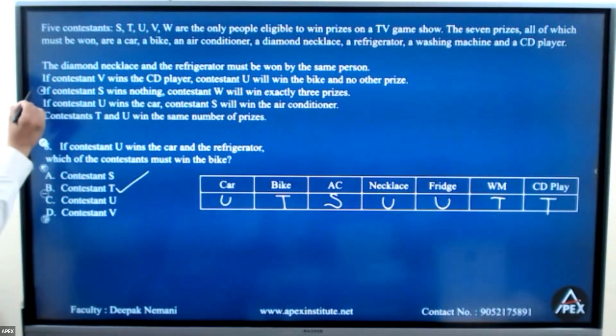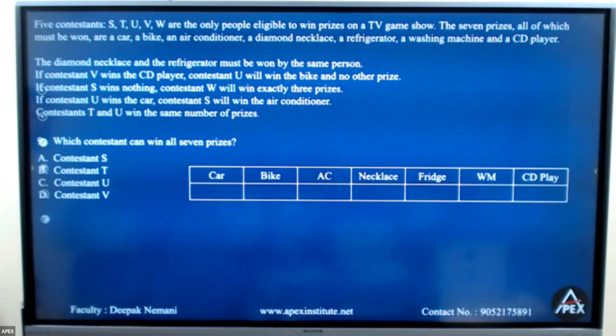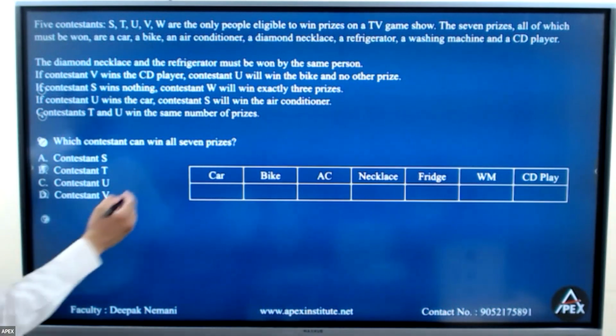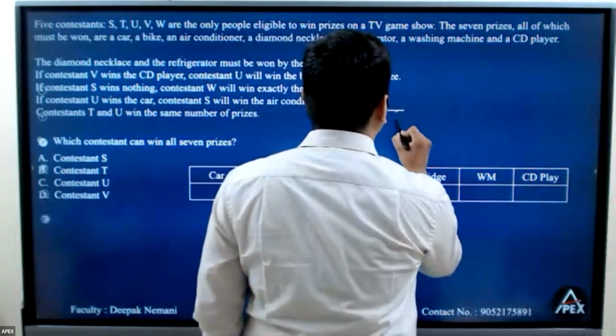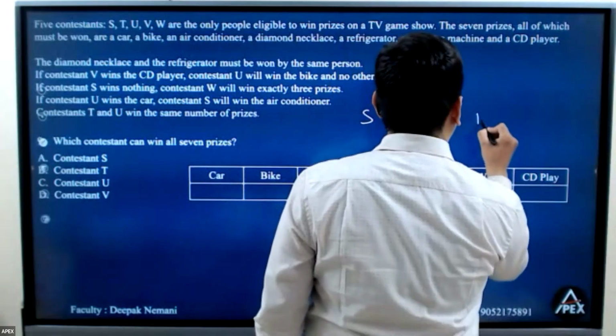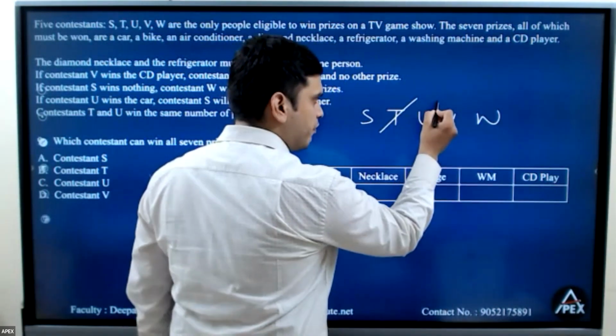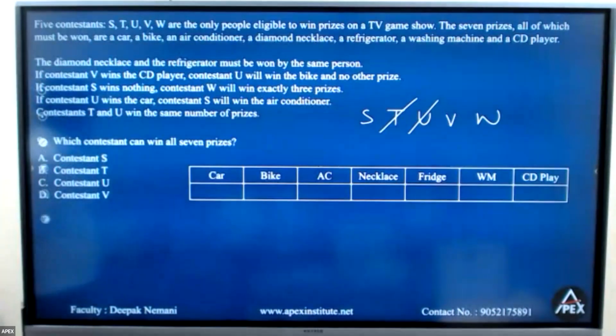Okay. Now which contestant can win all the 7 prizes? First identify who cannot win all the 7 prizes. S, T, U, V, W. T cannot win all the 7 prizes. U cannot win all the 7 prizes. Next, V. Can we have V winning all the 7 prizes? Yes or no? Why?